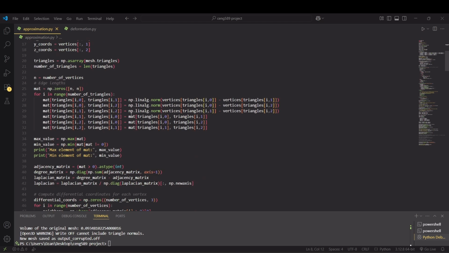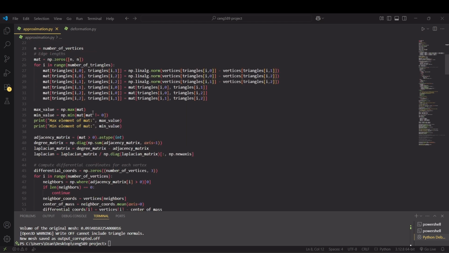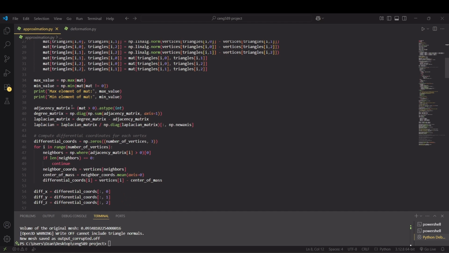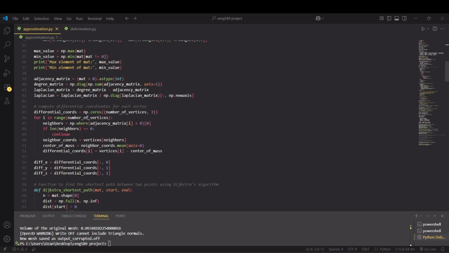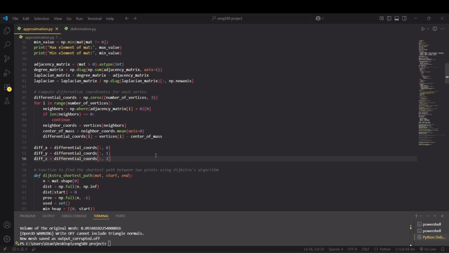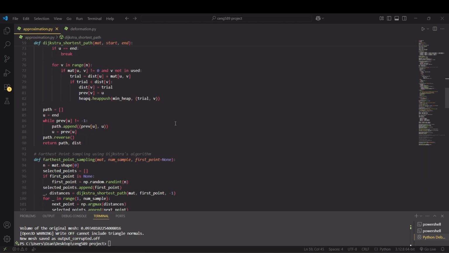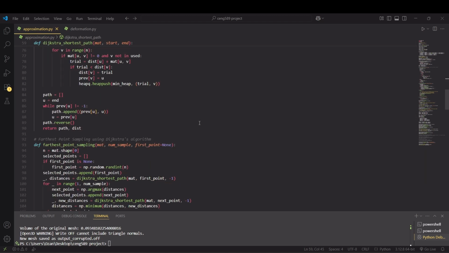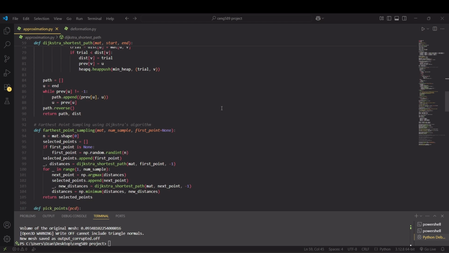Here, after some calculations for the mesh, I calculate the adjacency matrix and degree matrix, and then the Laplace matrix. Also here I calculate the differential coordinates. Then for the least squares equation, we need control points.